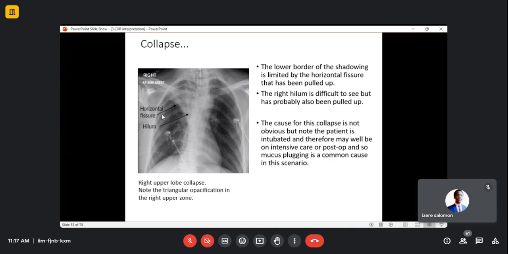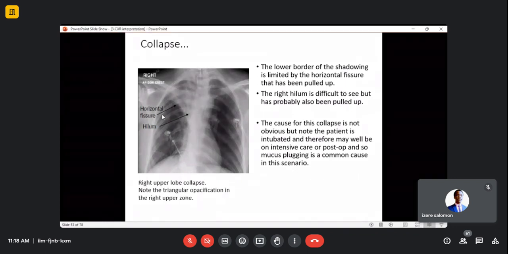But also in collapse itself, you can have some air bronchogram, some bronchi still receiving air in the opacity caused by collapse. Have I answered the question? Yes, Doctor. Good. Can I continue? I think so.